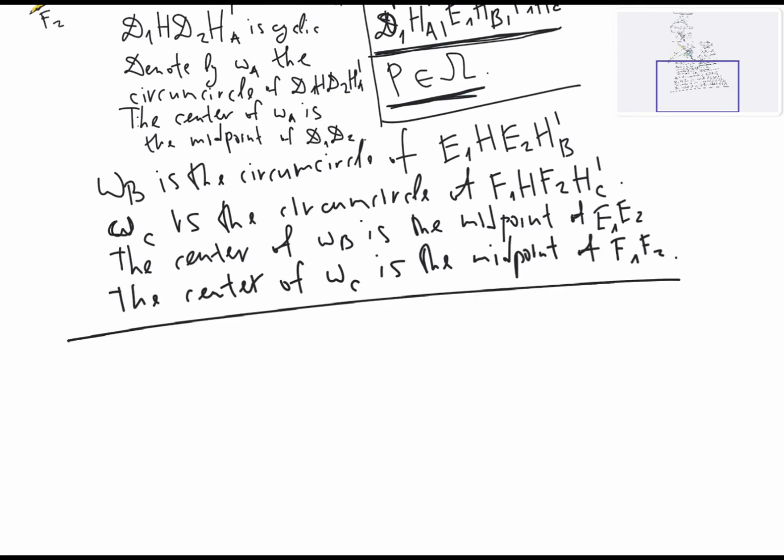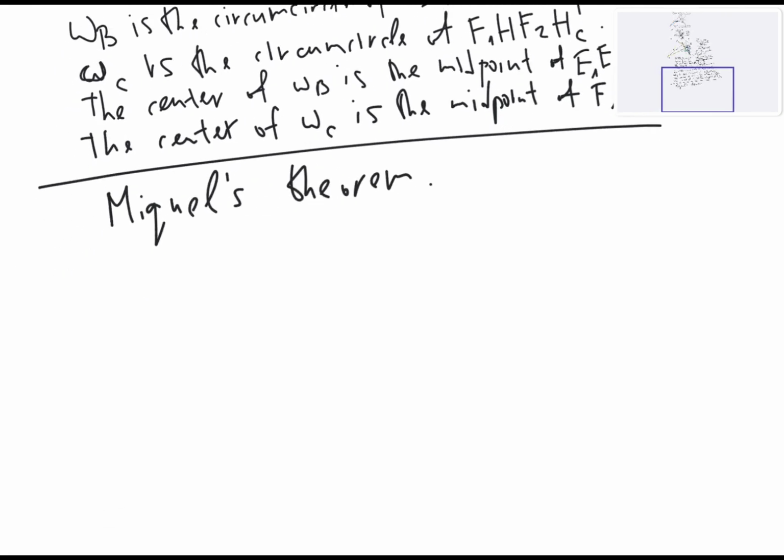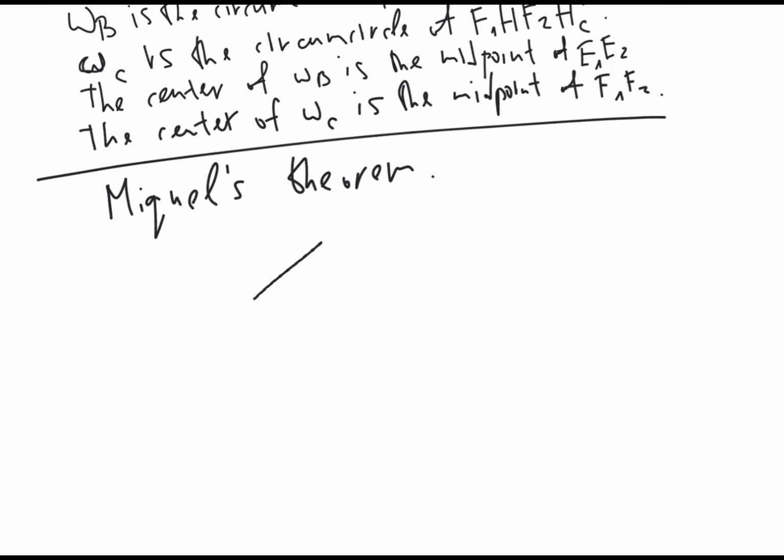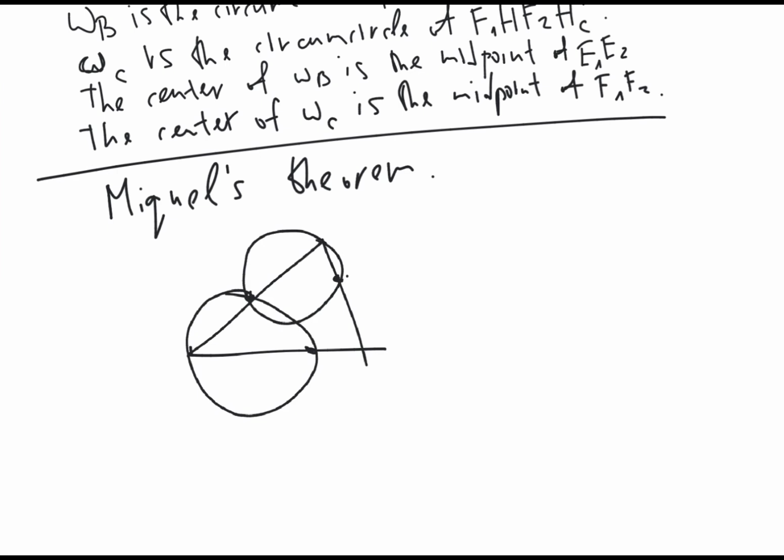Miquel's theorem says that if we have a triangle and we take arbitrary points on the sides of this triangle, like one point on each side, and we consider the circumcircles of these triangles, this and this, then these three circles intersect at a single point.